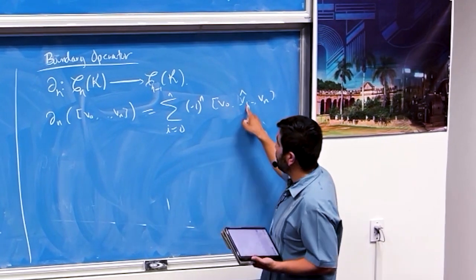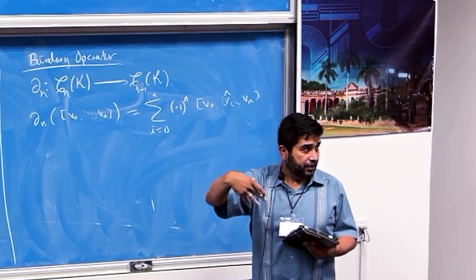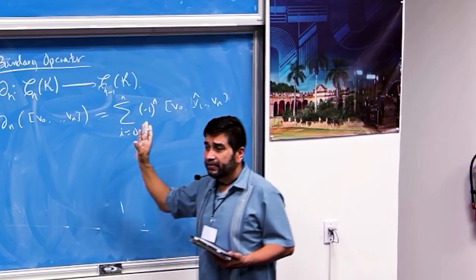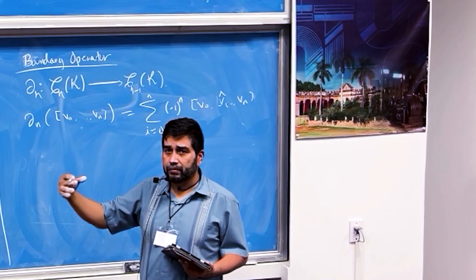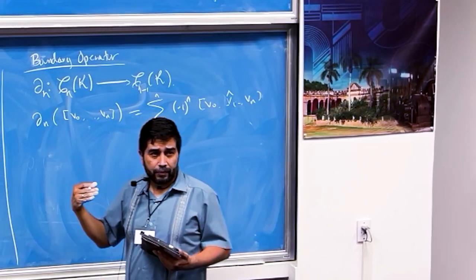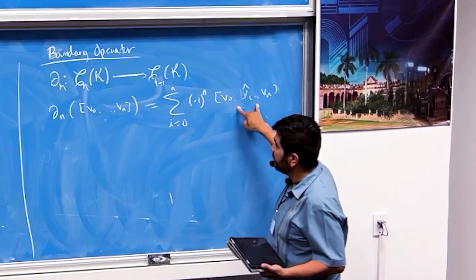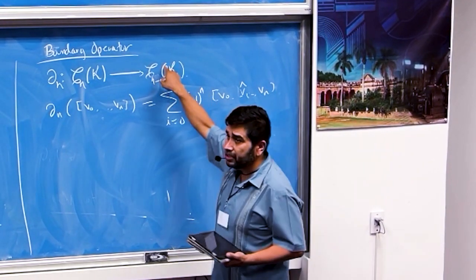When you remove a vertex from the simplex, what you get is a face of the simplex. This sum runs over all the faces of one dimension lower. So if the simplex has dimension n, its face has dimension n minus 1, and the sum lives in the lower dimension.